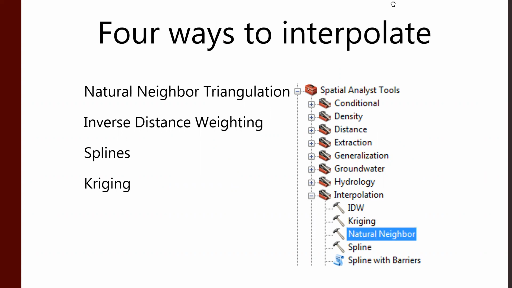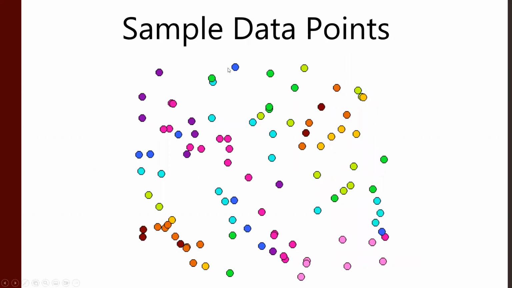The interpolation toolboxes inside of ArcGIS specifically are all in the Spatial Analyst toolset. We're going to look at a few of these just for sample reasons to see how they operate. And the reason we like to see these differences, there's the sample data again, if you've forgotten it, is because it's not just as straightforward as choosing one method and always using that method.